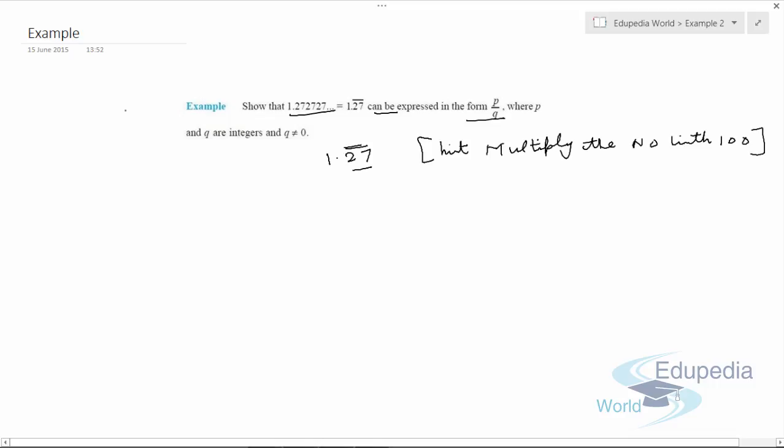So we suppose let x equals 1.27 27 27 27, and the number goes on.